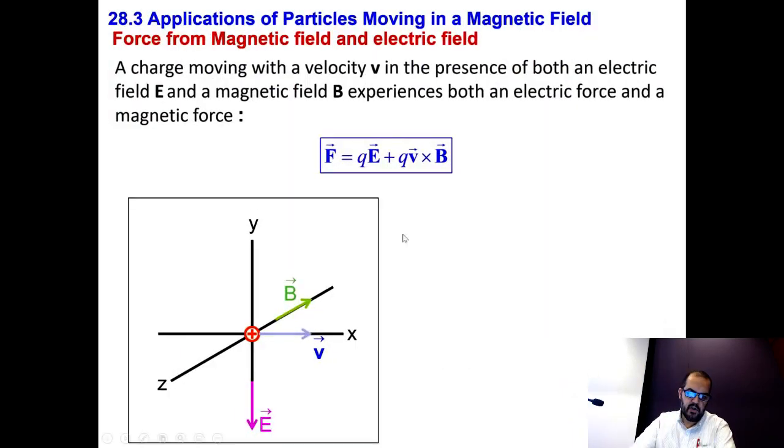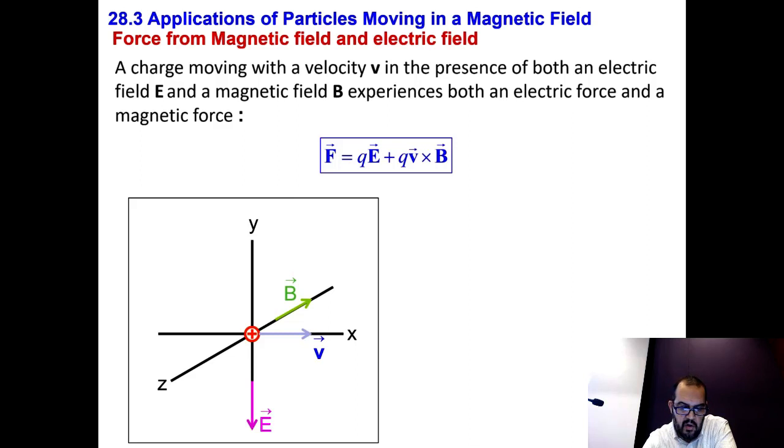Okay, so let's assume we have both an electric and magnetic field. They are both present, and as shown here, we have an electric field in the minus y direction, and a magnetic field in the minus z direction. Let's assume we have a positive charge, and it has a velocity in the positive x direction.